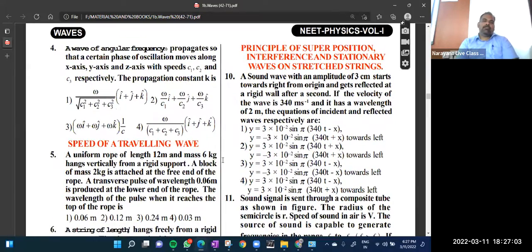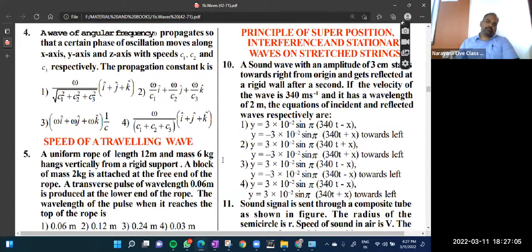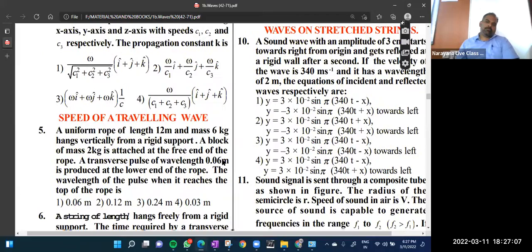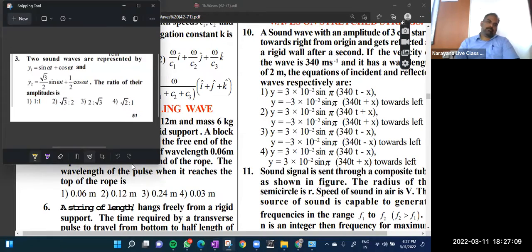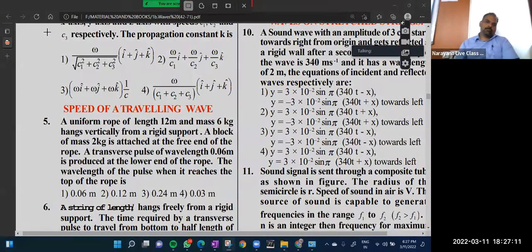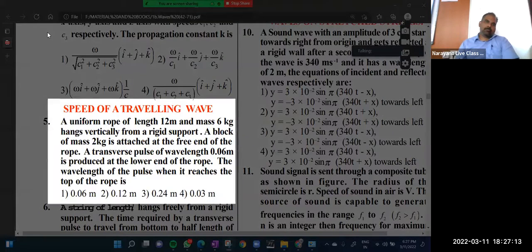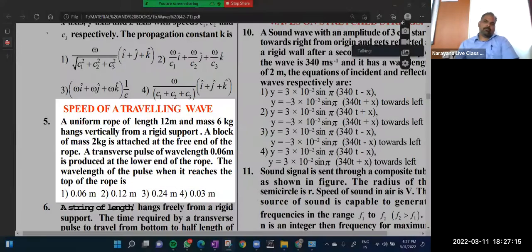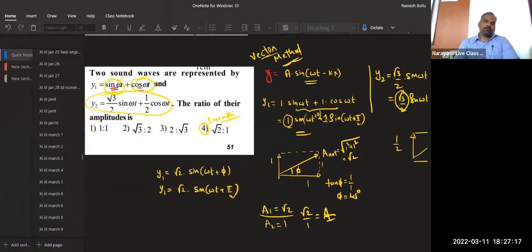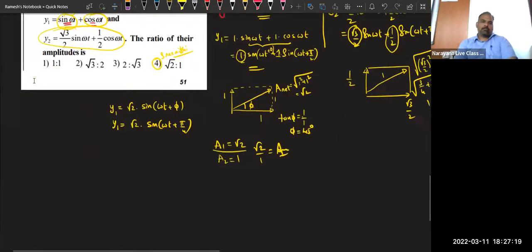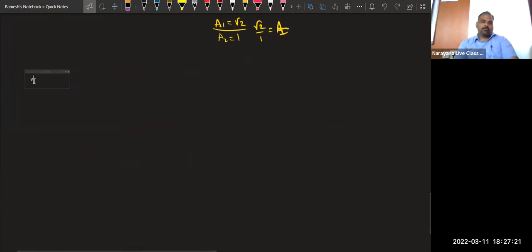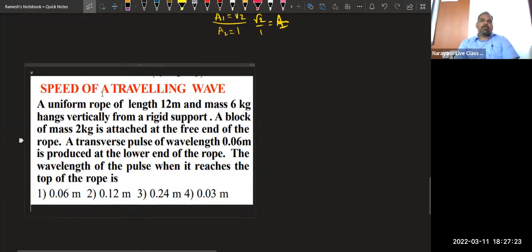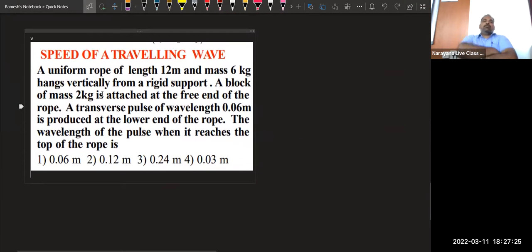Try this fifth problem. Okay, everyone, this is your next problem.